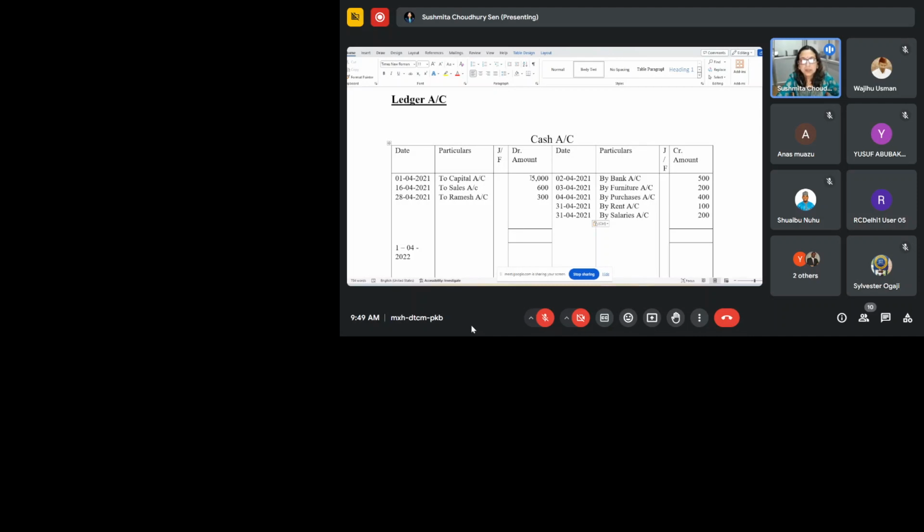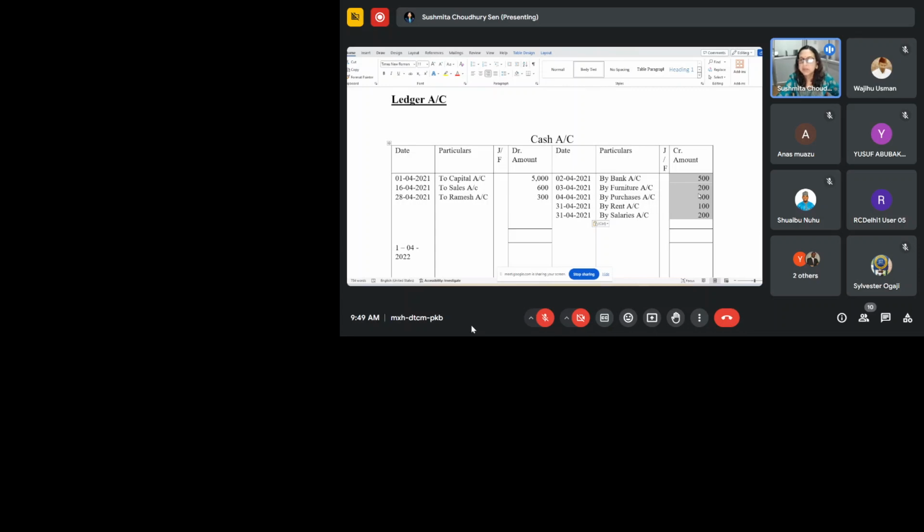All right. Now here we can see a few amounts: 5,600 and 300. Here also we can see a few amounts: 500, 200, 400, 100 and 200. Now let me know on which side the amount is maximum: the left hand side, the debit side, or the right hand side, the credit side.